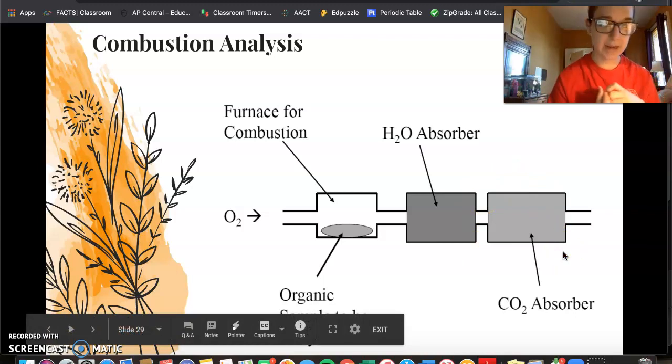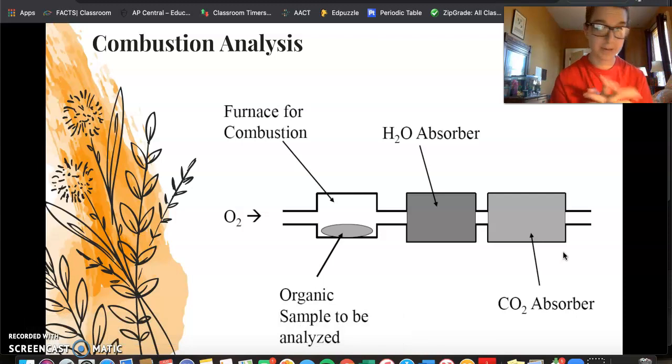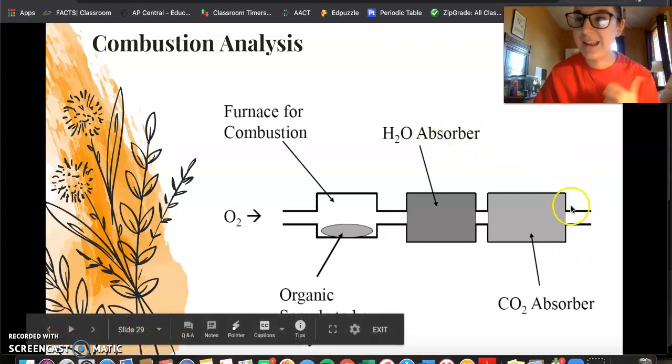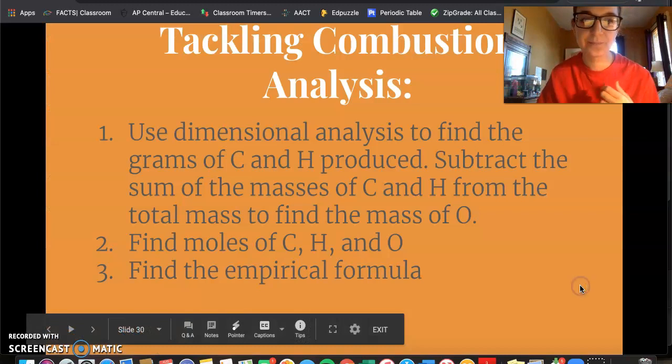The increase in mass of the water absorber and carbon dioxide absorber can be found, which will allow you to determine how much water and carbon dioxide you have gained. Oxygen is the only one that is added to the system during the combustion reaction, because combustion always takes place in the presence of oxygen. So we always find the amount of oxygen last because there's oxygen in water and in carbon dioxide.